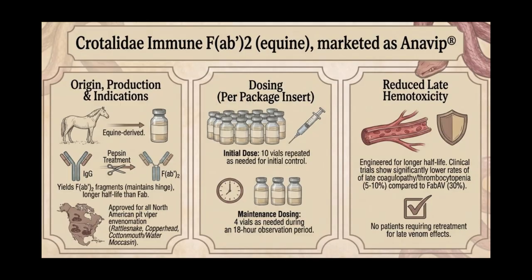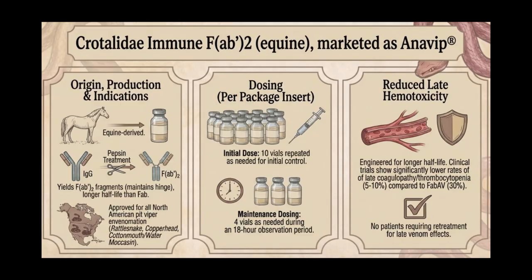Although the FDA-approved indication specifically refers to Crotalus durissus, the antivenom is effective against envenomation from both species. The antibodies extracted from the horses are treated with the enzyme pepsin to produce F(ab')2 fragments. These fragments lack the Fc region but retain their hinge area, which provides 2 sites for antigen binding and results in a longer half-life compared to Fab fragments.